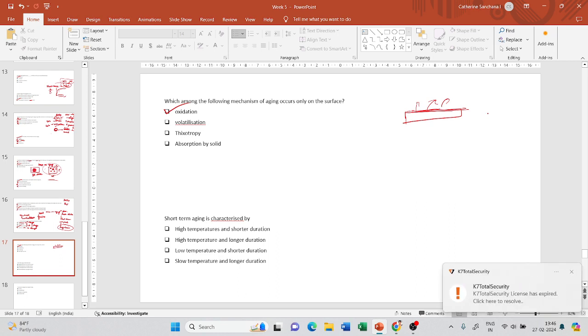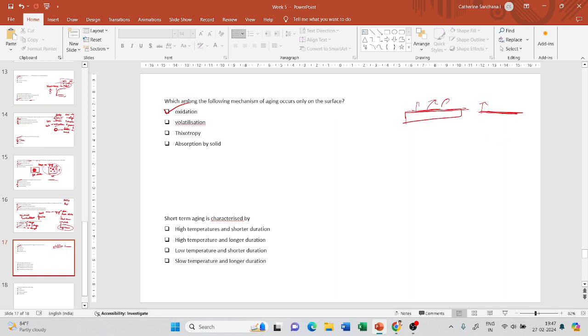Even in the case of mix, it is like that, okay. The topmost surface will be oxidized because of the influence of temperature and oxygen, okay, because of the access of oxygen to the topmost surface compared to the lower regions.